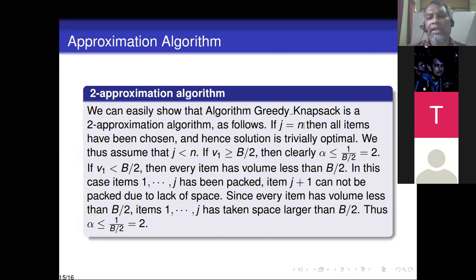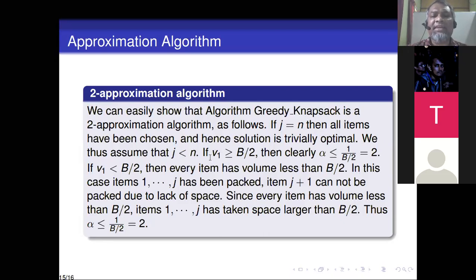If j equals n, then all items have been chosen, and hence the solution is trivially optimal. If we can take all the items, then of course the solution is optimal. Is it not? Yes, sir. Okay. We thus assume that j is less than n.